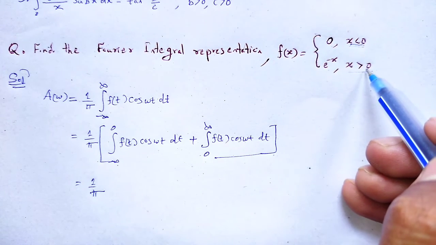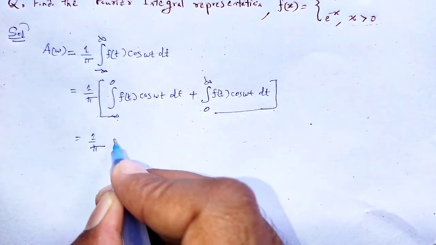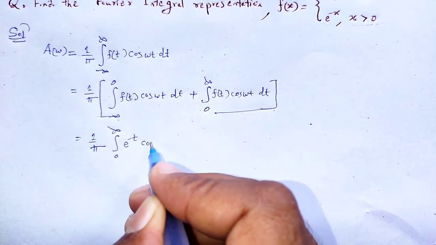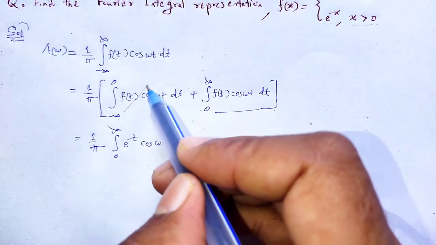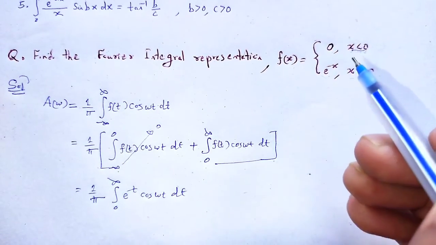Here x is greater than 0, so f is e to the power minus x, and the integration is 0 to infinity of e to the power minus t cos omega t dt, as the value is 0 in the other region.